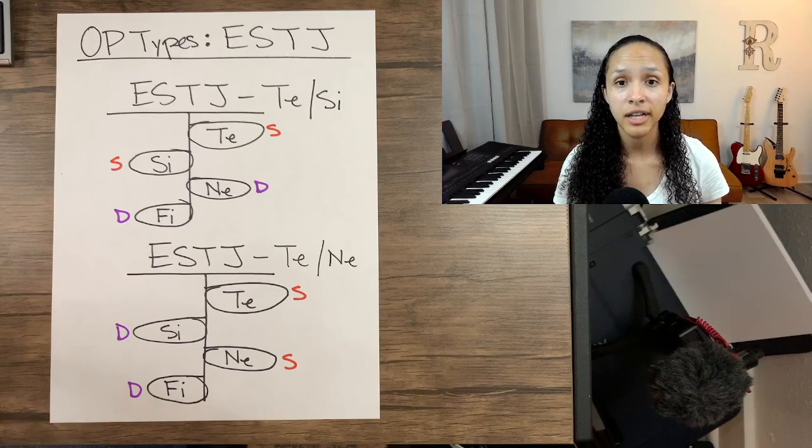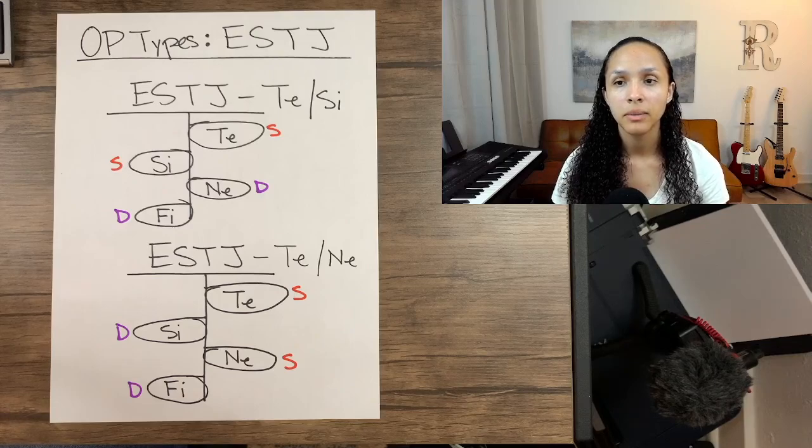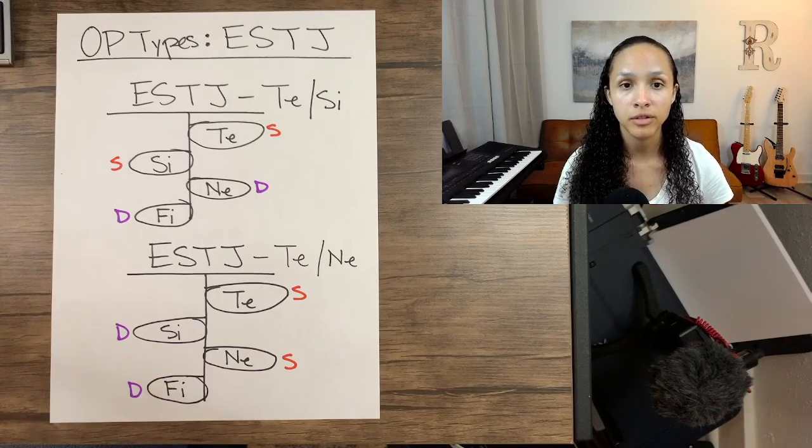I'm going to use this extroverted thinking process for the rest of my life, but I'm letting FI guide what I select, what I'm a part of. This is what I believe deep down. This is my personal values apart from everyone else. It's a very personal, individualistic function.